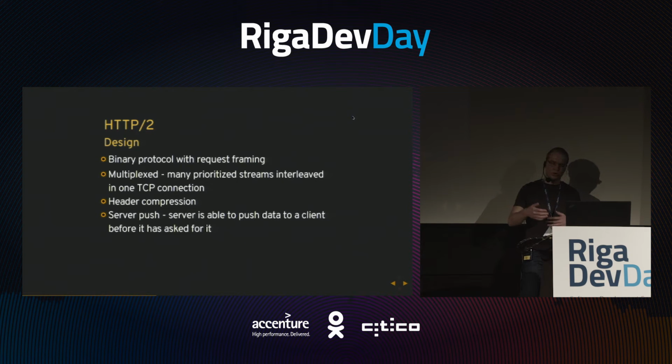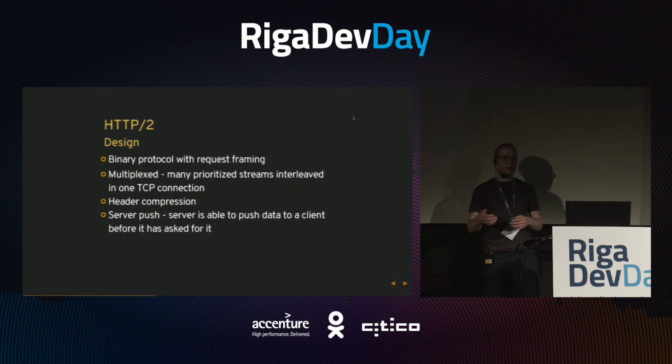Apart from more resources connected with opening many connections, you can block bandwidth of other better behaving applications. That's the first thing. You don't have header compression. So there were a lot of small things that rooted from the old design of the protocol.